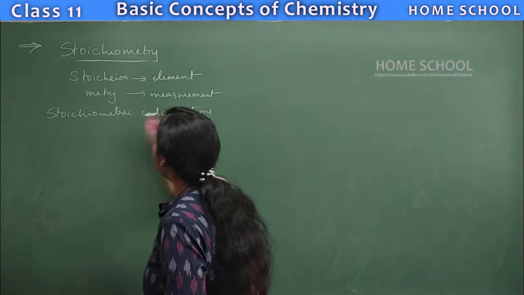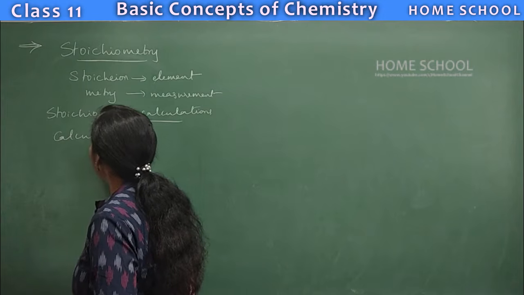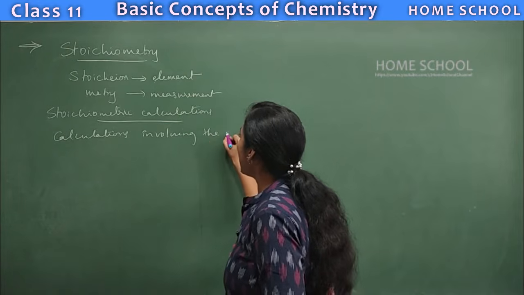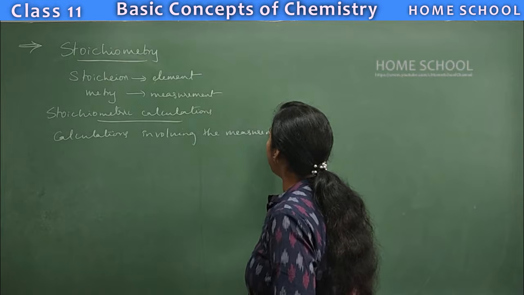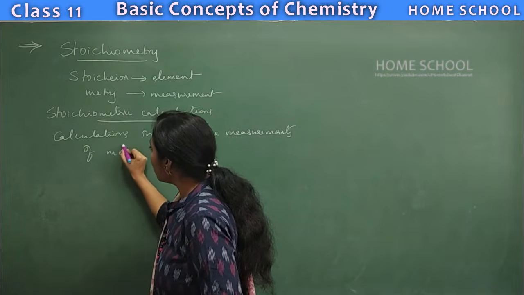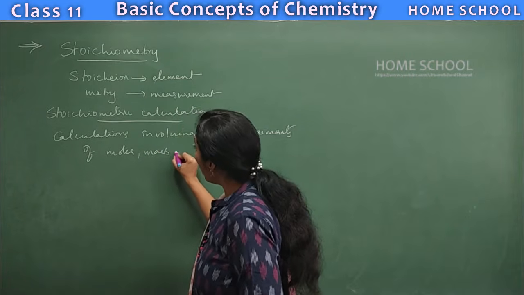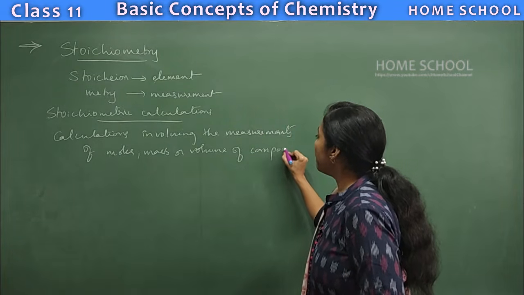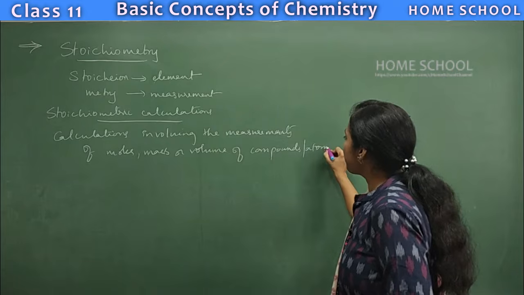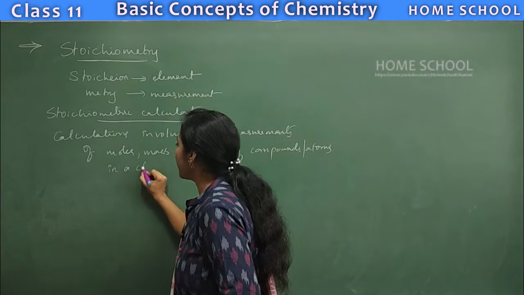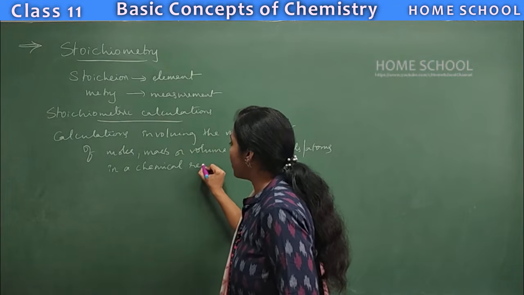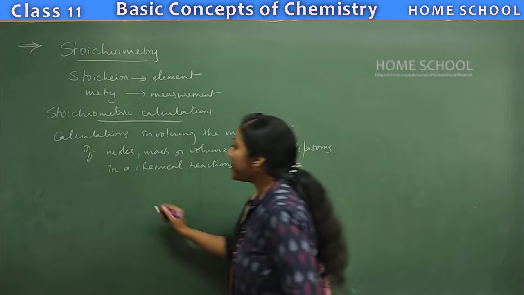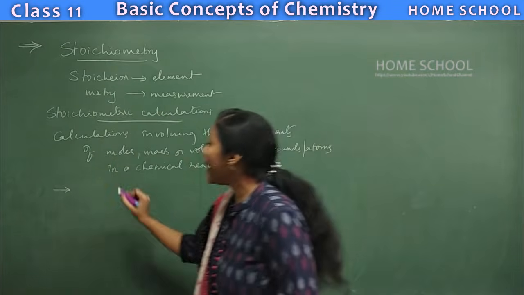The calculations involving the measurements of moles or mass or volume of compounds or atoms in a chemical reaction are called stoichiometric calculations.